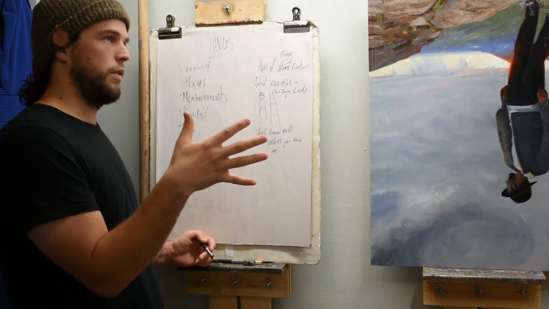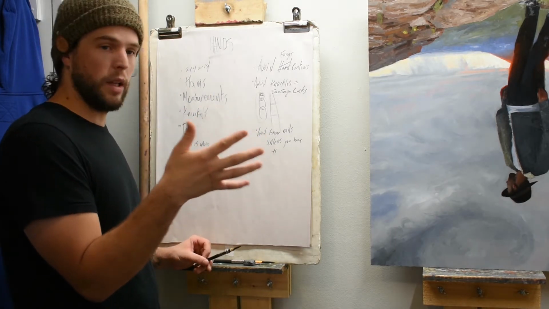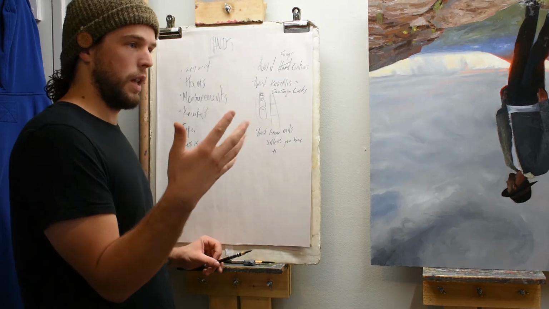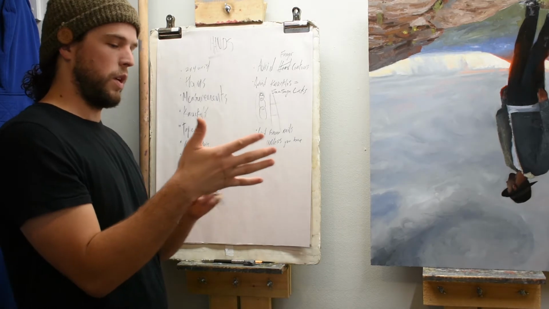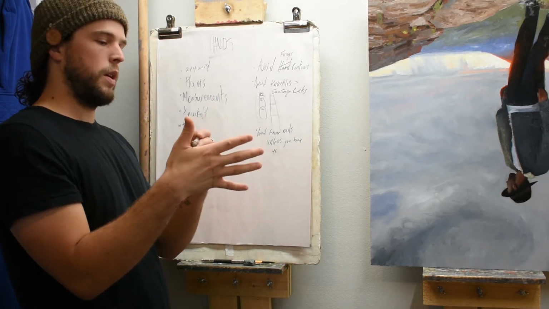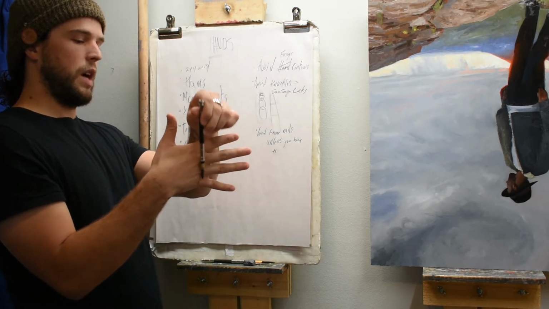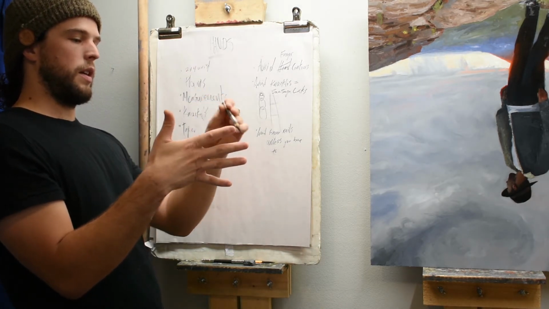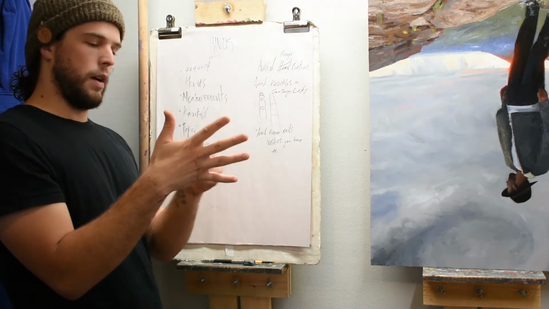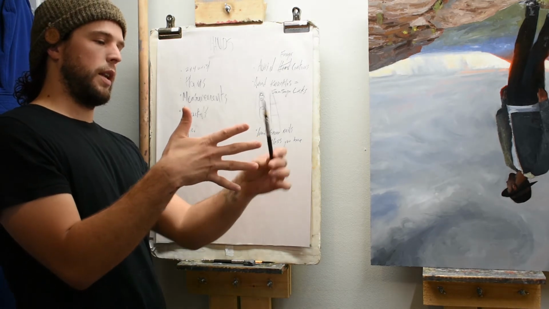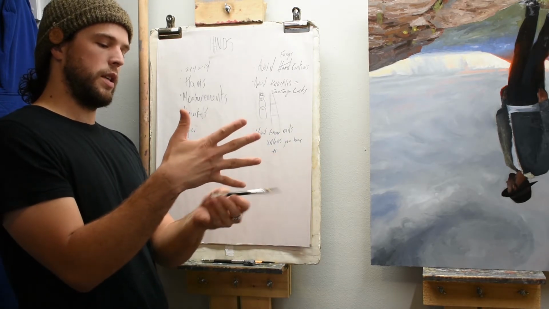That's the initial block-in of a hand, and often an okay place to leave it if you don't have a lot of time to develop it and you find that you're rushing through the drawing, is just to leave it as a mitten. So you have a thumb and then this mass here. Typically I'll figure out where the knuckles are and then this general shape, whether that's like this, you know, but big picture block in, outline, almost envelope ideas here.